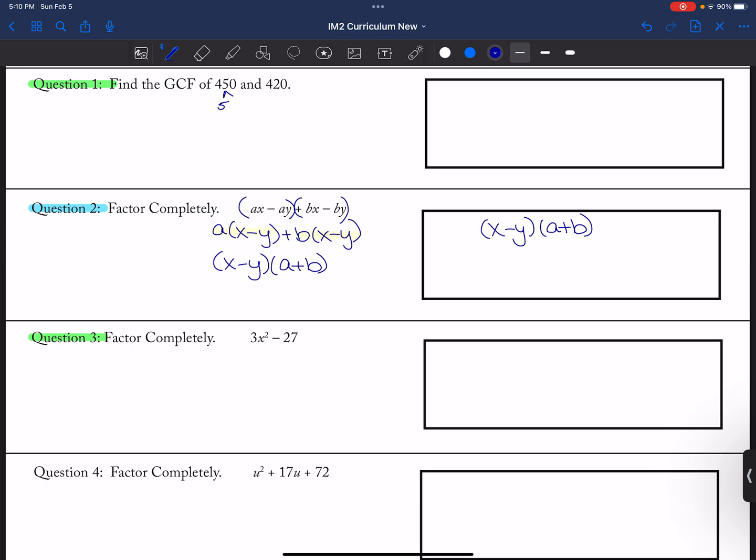So this is 5 and 90, 3 and 30, 3 and 10, 2 and 5. Okay. I would have probably also divided this by 5 to start off with. So that would have been 84, and then 2 and 42, 2 and 21, and 3 and 7.